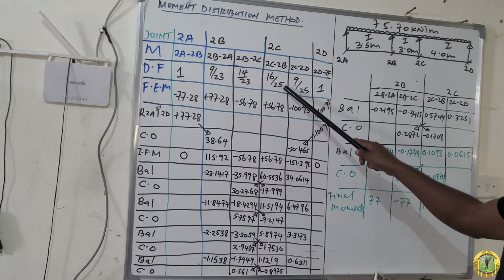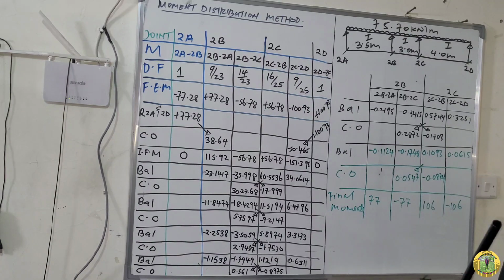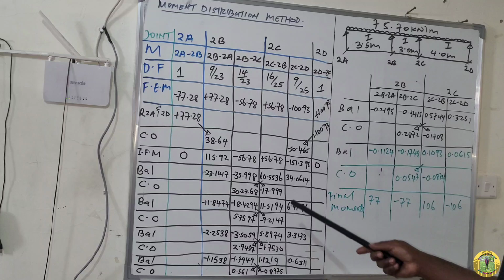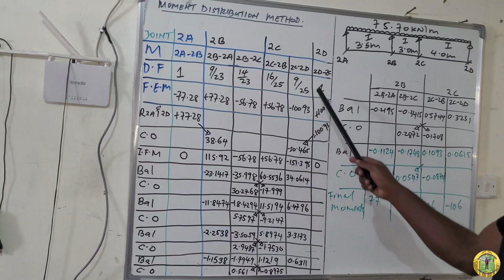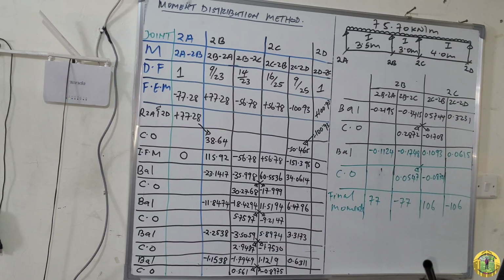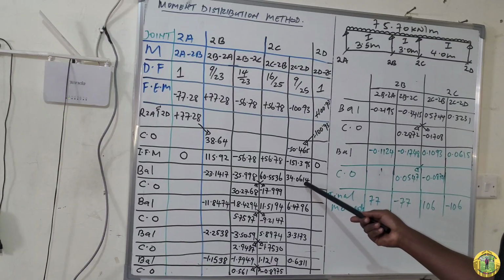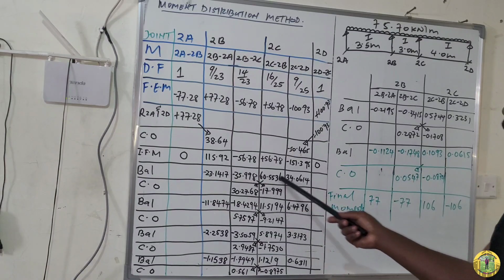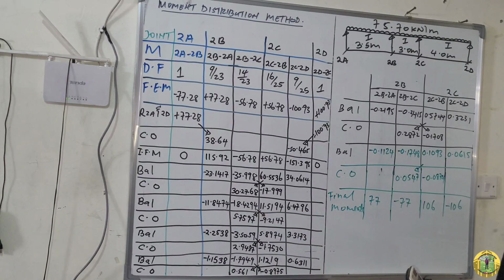Take the answer, positive 94.615, times 16 over 25. You'll get 60.5536, and then come here, again multiply the same value by 9 over 25. By 9 over 25, you will get 34.0616.